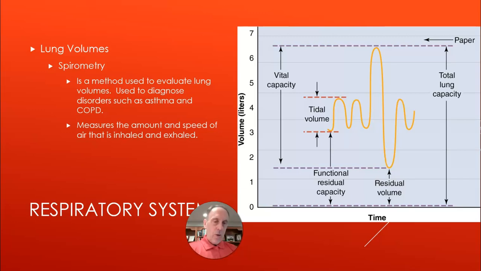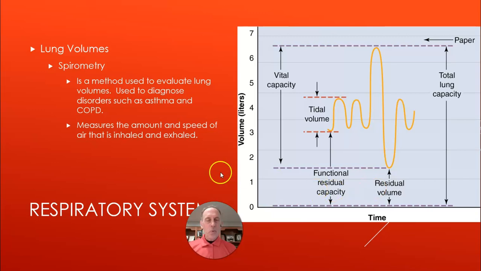When you forcefully blow out all your air, that's residual volume when you're working out. When you're just sitting around and you try to blow out all your air, the difference between your tidal volume and total lung capacity is the functional residual capacity.